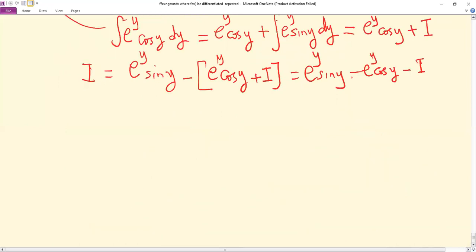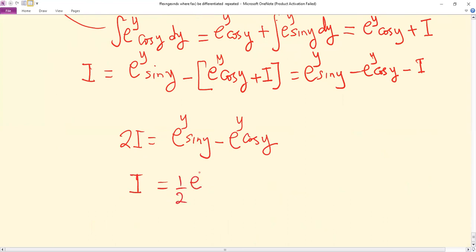And then remember, we are solving for I. So take this to the left, we'll have 2I equals e raised power y sine of y minus e raised power y cosine of y. So which tells us that I alone will be a half e raised power y into sine of y minus cos y.